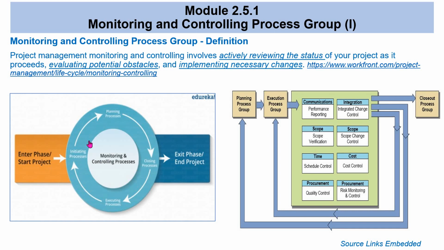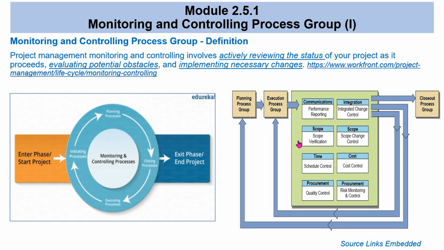When you initiate, when you plan, when you execute or close, you have to constantly monitor that. As you enter every phase and before you exit and finish the phase, you are constantly monitoring and controlling things to ensure that everything goes fine.